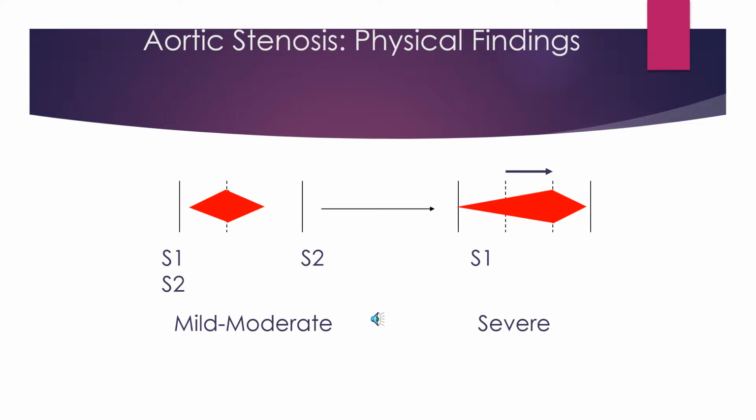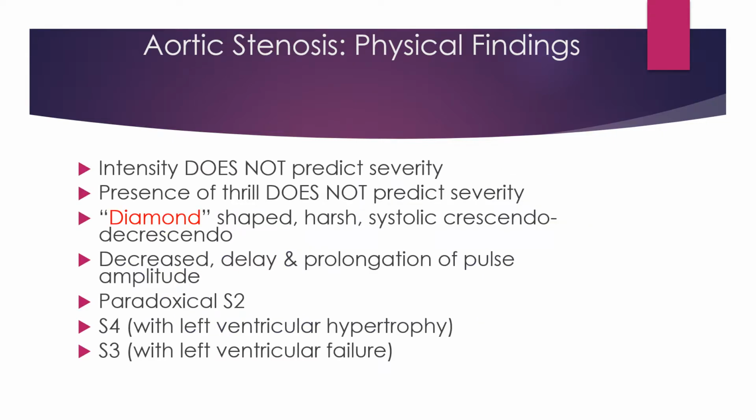The physical finding is a murmur which gradually increases as the severity increases. The S1 to S2 distance is reduced and there's a prolongation of the murmur. Intensity does not predict the severity of the murmur.